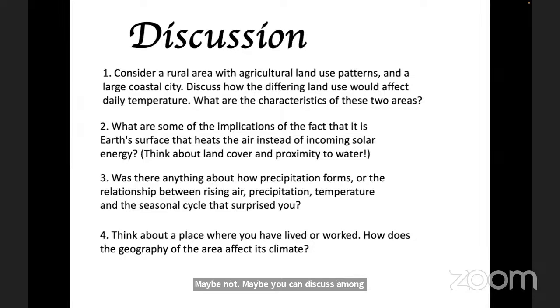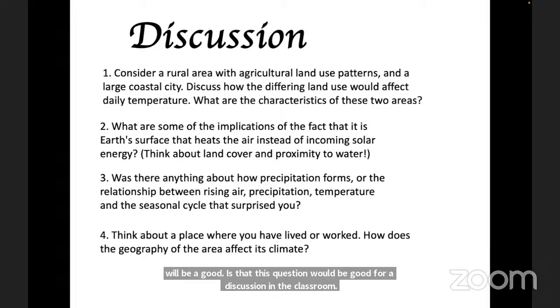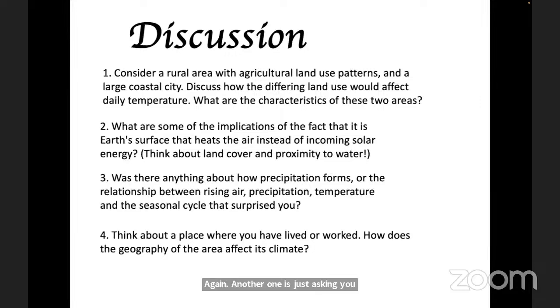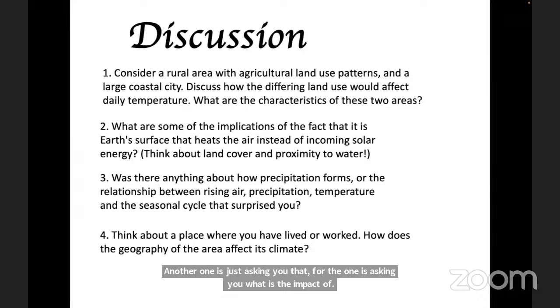I mean, normally, if you have time, this would be group discussion in a classroom. So you can do it as if you are giving it to the students. This question will be good for discussion in the classroom. Again, another one is just asking you. The fourth one is asking you what is the impact of orography, I mean, geography in general, on the climate.